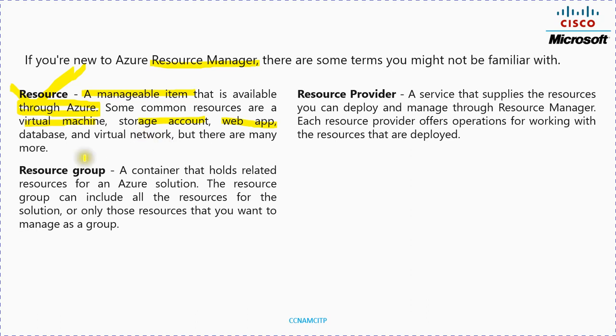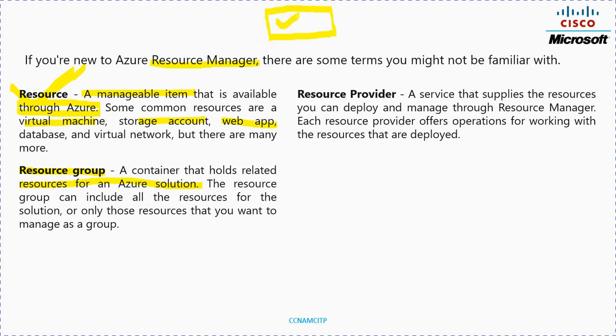Next one is resource group. What do you mean by resource group? A resource group is nothing but a container that holds related resources for an Azure solution. For example, this is a container. It will have all the resources you are creating for your solution or your requirement.